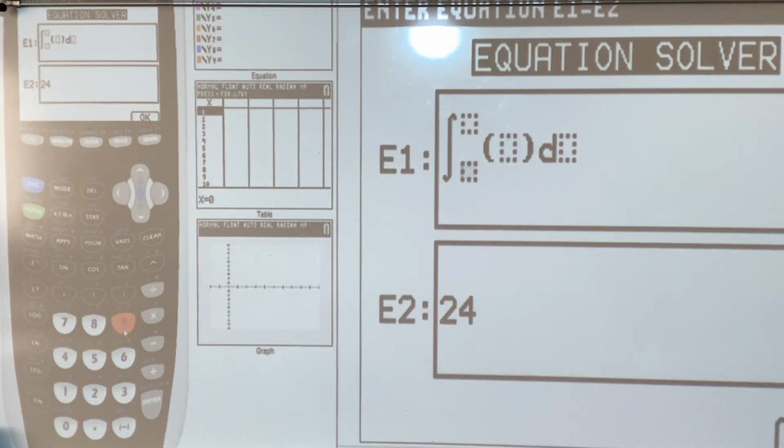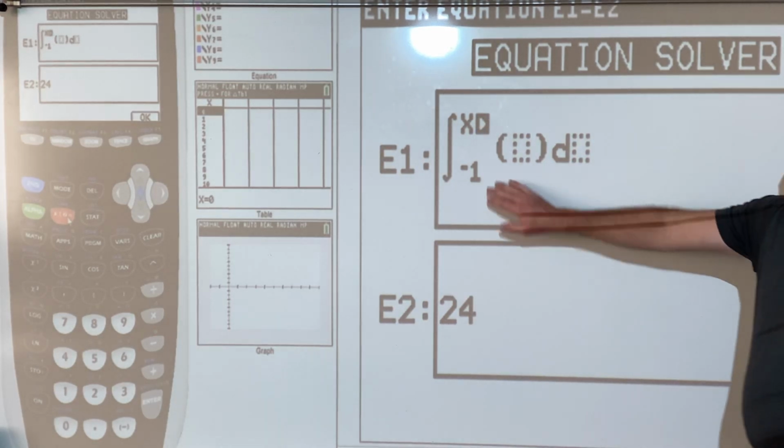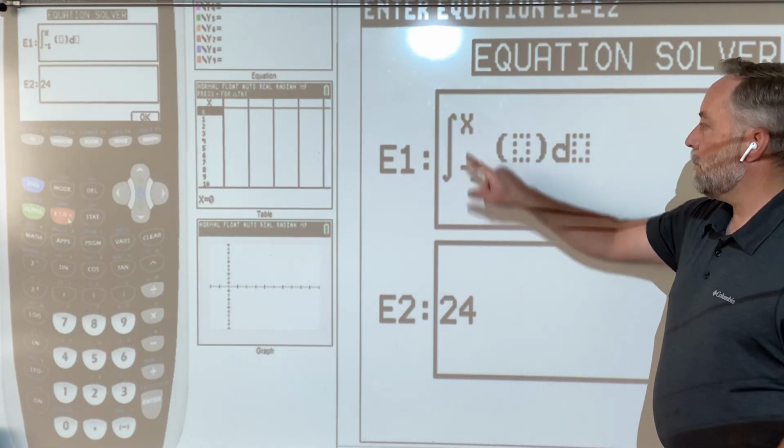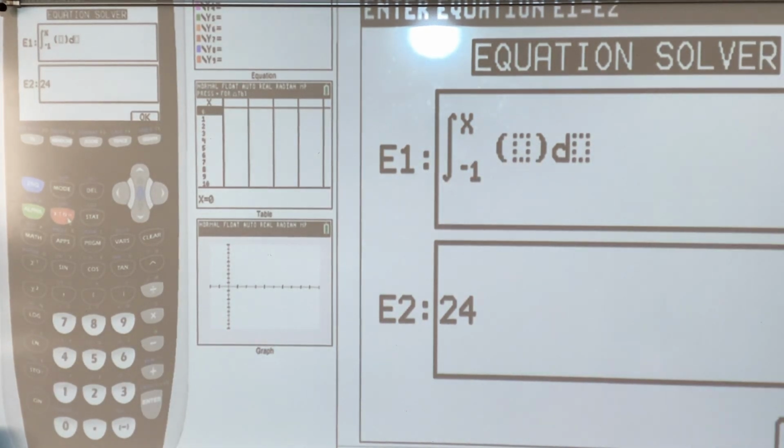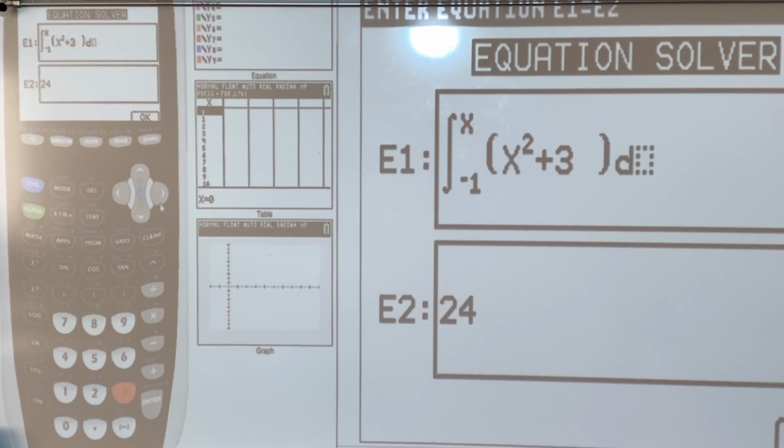So we'll put that in for -1. The upper bound is a in the question, but just use the variable x in your calculator. So that's what we don't know, that's what we're hoping to find. And then the function goes inside the parentheses there, and that function was x squared plus 3. And then just communicate to the calculator that that variable is dx.